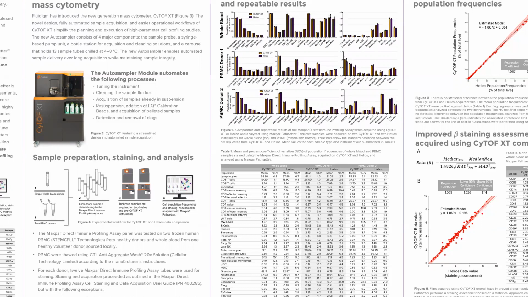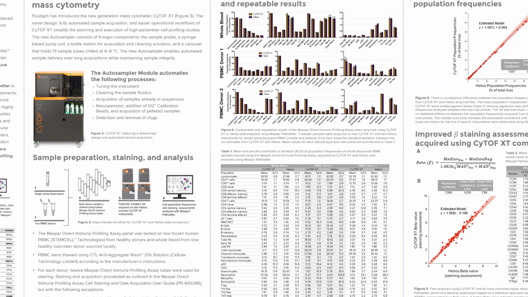For the experimental setup and comparison between CyTOF XT and Helios, we collected one whole blood sample from one healthy donor and also acquired two healthy human PBMC samples from STEMCELL Technologies.